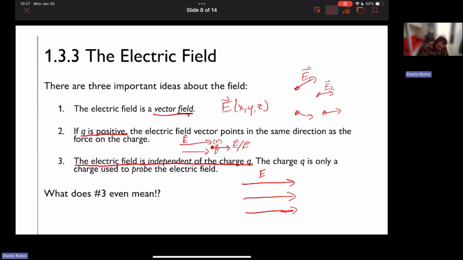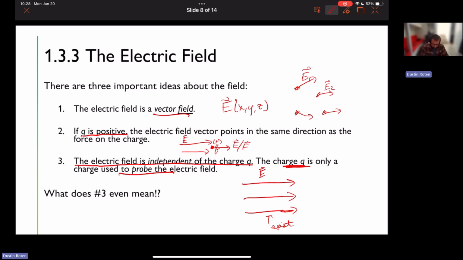Some electric field is going to be there, whether there's a charge in it or not, okay? So if some charge Q shows up, it's essentially only a probe, okay? It's sort of like a measurement device. Now, we don't care what the value of Q is. We don't care why it's there. That's why we divide it out, okay? This electric field is going to exist.